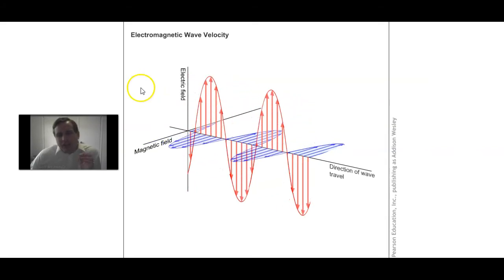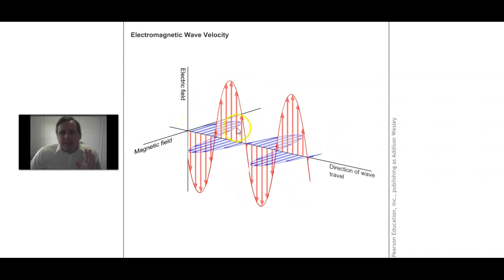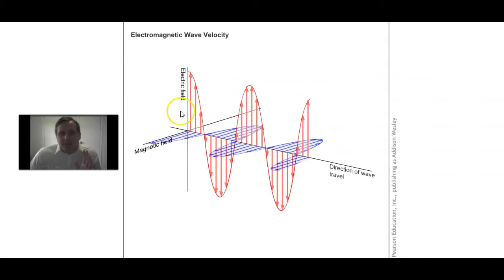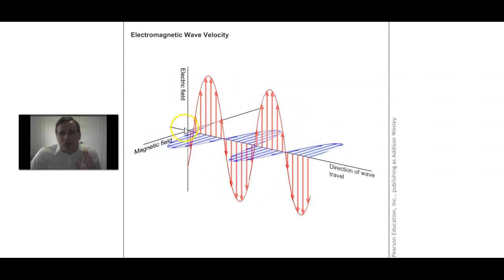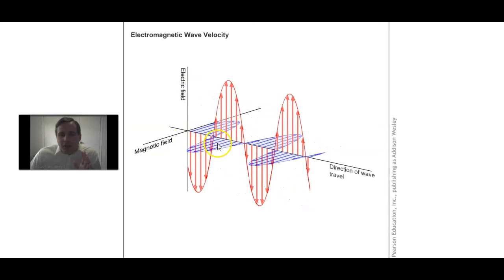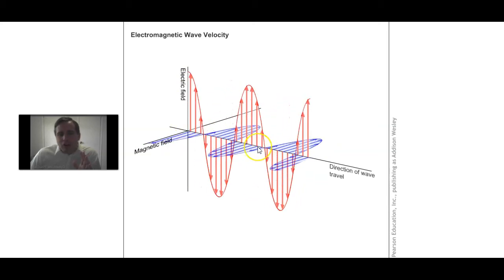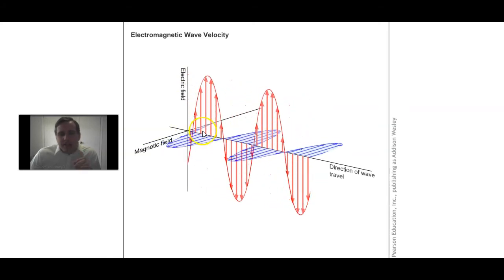Now notice, relatively speaking, this diagram is a little bit misleading. If you plot electric field in newtons per coulomb, the magnetic field should actually be quite small in terms of the same axis for Teslas.